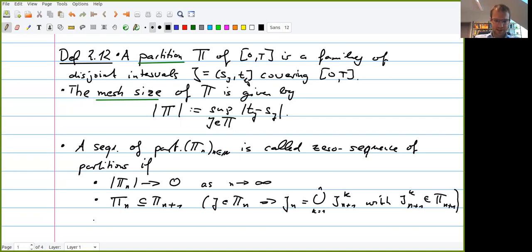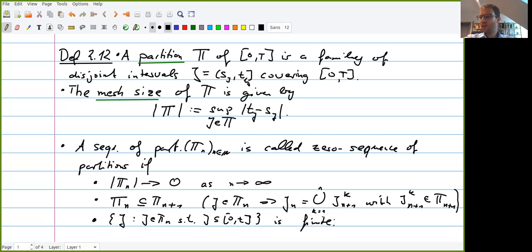Okay, and finally, since we allow for the capital T to be infinity, we want to make the further assumption that, well, if I look at all J which are in the interval 0 to T, J in Pi n such that J is included in the interval 0 to T, is finite.